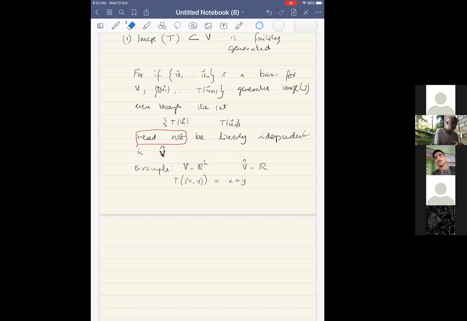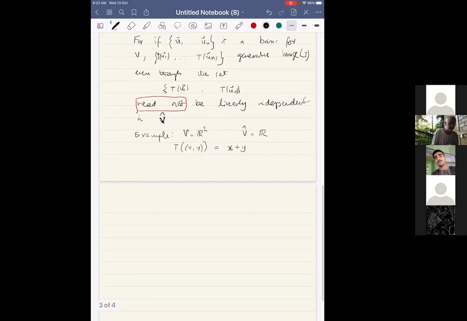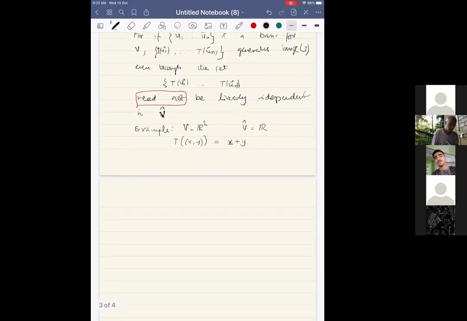This is a linear map from R2 to R. And what is the image of T? Shakti? Yes, sir. What is the image of T? R itself. R itself. Very good.